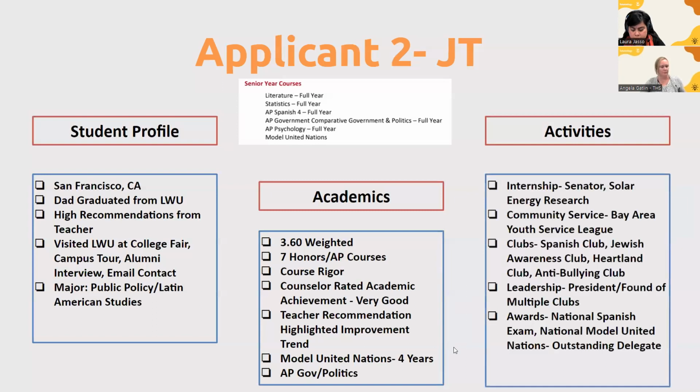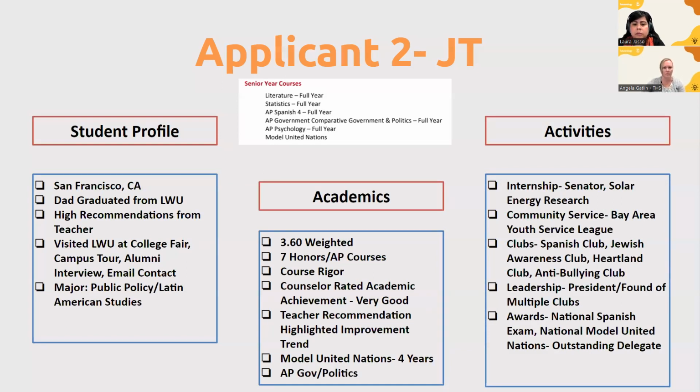Okay, moving on to his activities. So JT has participated, like you can see, in a lot of activities. He's interned with the state senator. In his internship, he's also done some research on solar energy.